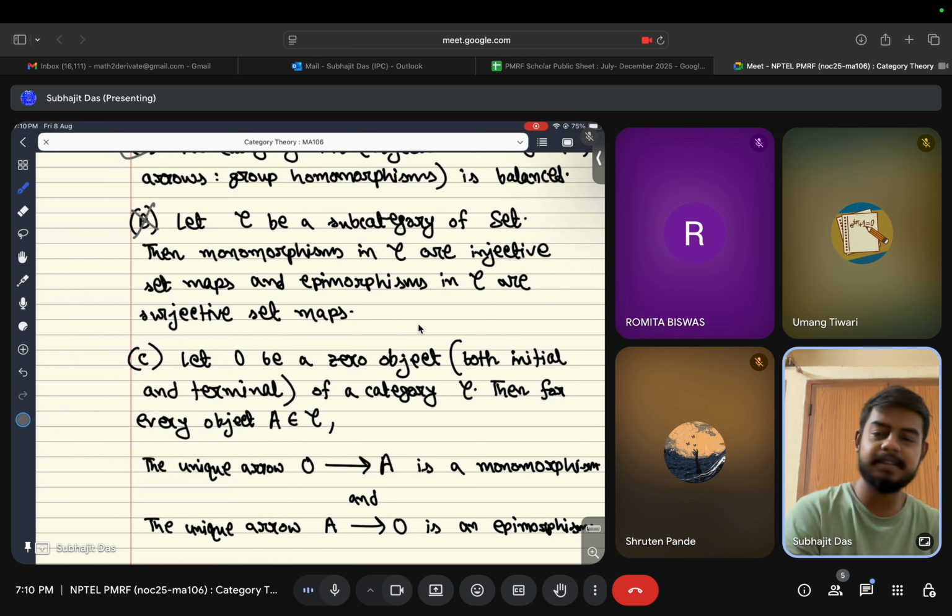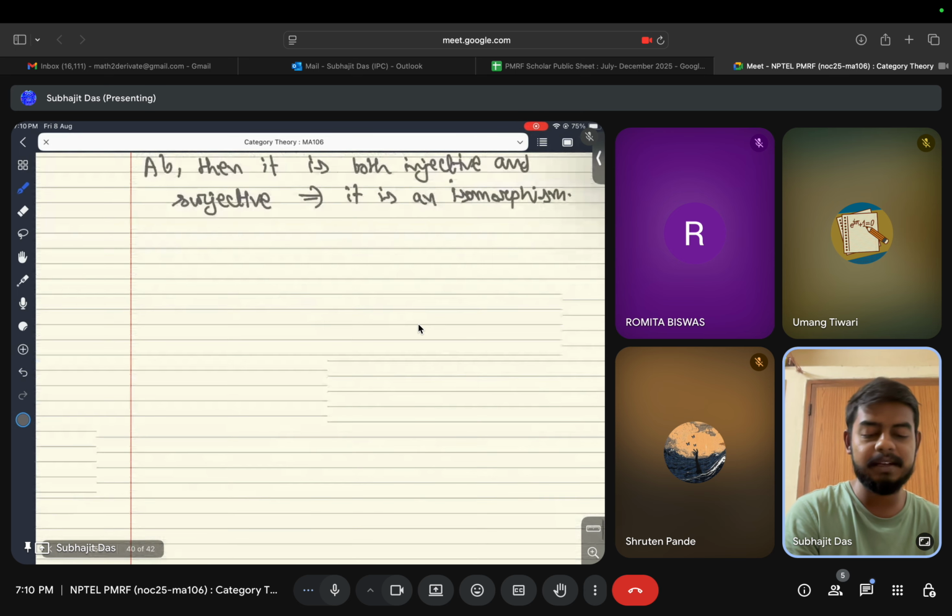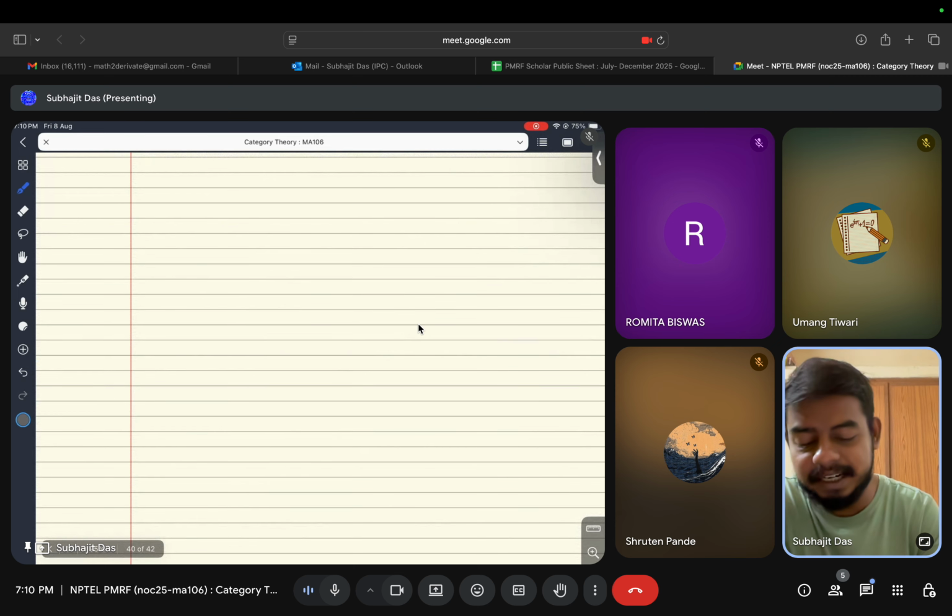So the idea is, taking one object as set, are you taking the full subcategory? Then that might create some conflicts in creating an example. It will also work, but an even better idea is to consider this subcategory.